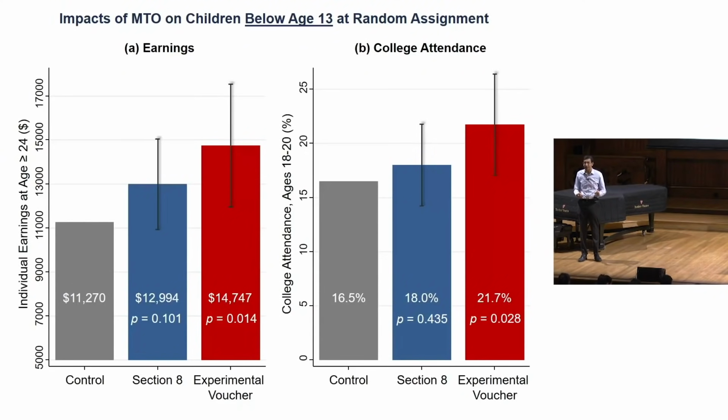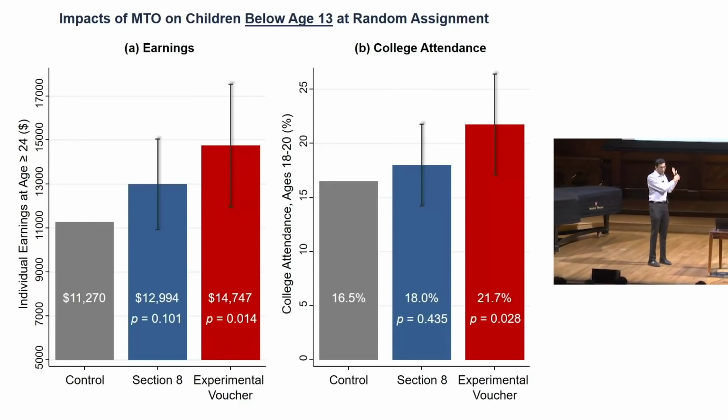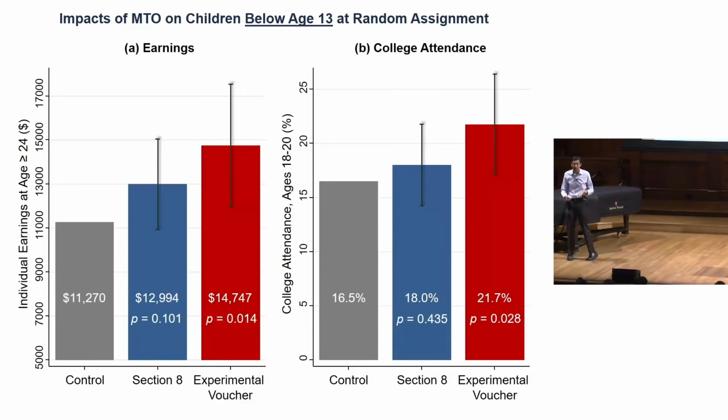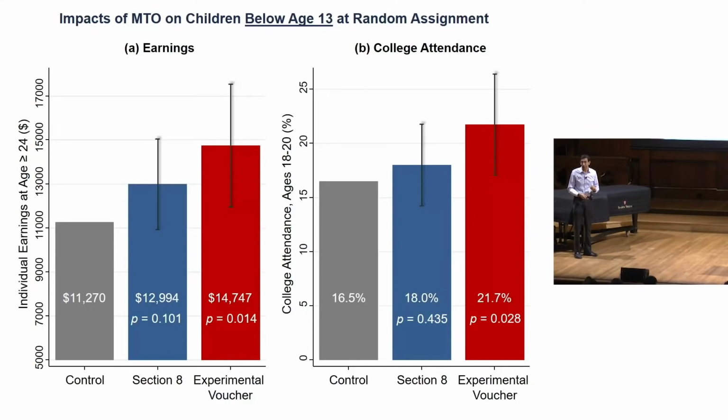It's an incredibly disadvantaged population that's receiving these housing vouchers, and they're growing up in these very high poverty areas. So that reflects the fact that you don't see great outcomes, very high rates of upward mobility in this population on average. So now the next bar is the Section 8 bar. What we're doing there is basically plotting the earnings that you see in the Section 8 group, adjusting for the fact that the compliance rate is not 100%.